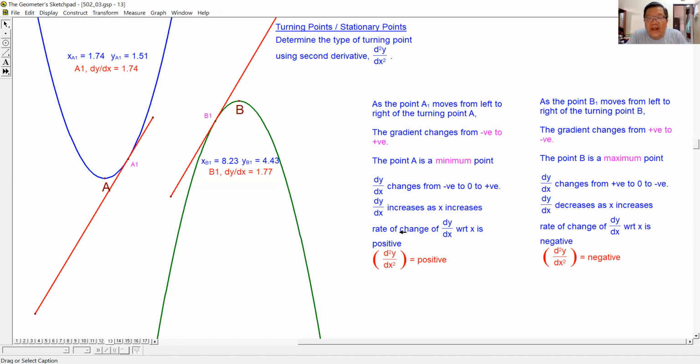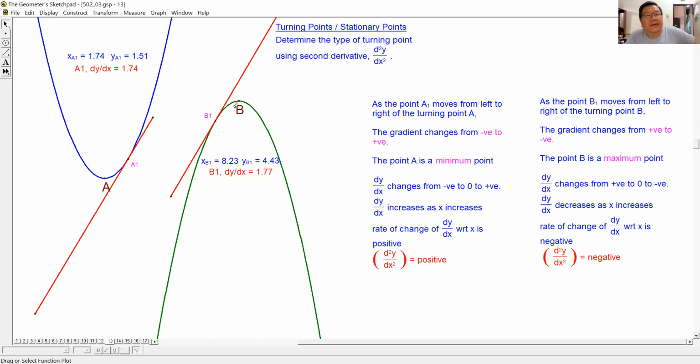The rate of change of dy dx with respect to x is actually your d2y dx squared. So if you say increase, that means you are saying that d2y dx squared is also positive.